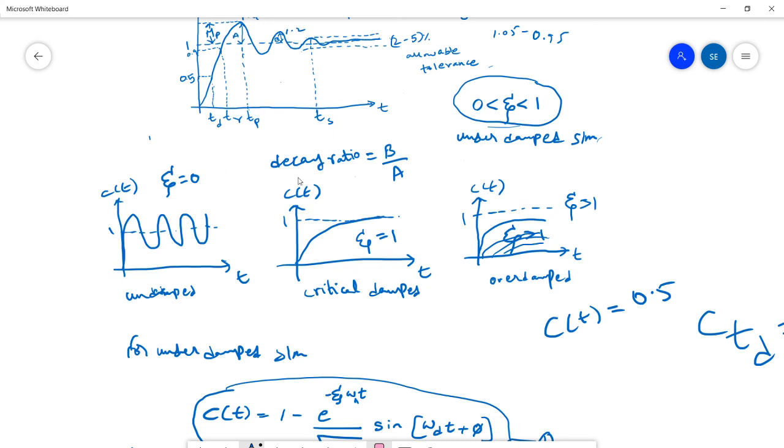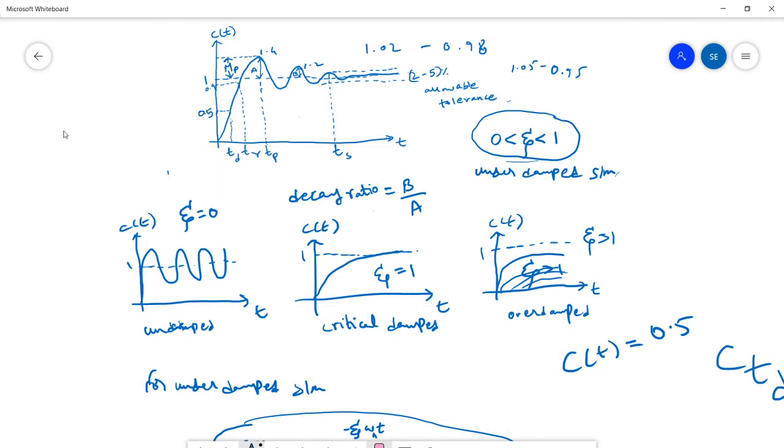Right? And one more point I want to tell is the decay ratio. If you have too many oscillations in the process, this decay ratio tells the ratio of the second peak to the first peak. Right? Second peak to the first peak.